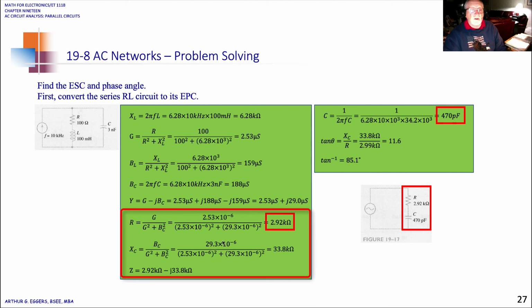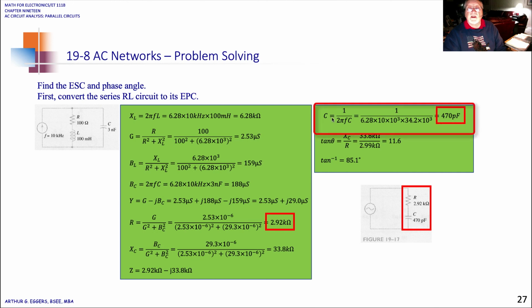If you look at the circuit, so if I take my relationship, X sub C is equal to 1 over 2 pi FC. That should have been X sub C there, not C. I didn't convert it properly. So let's go ahead and fix that right here.